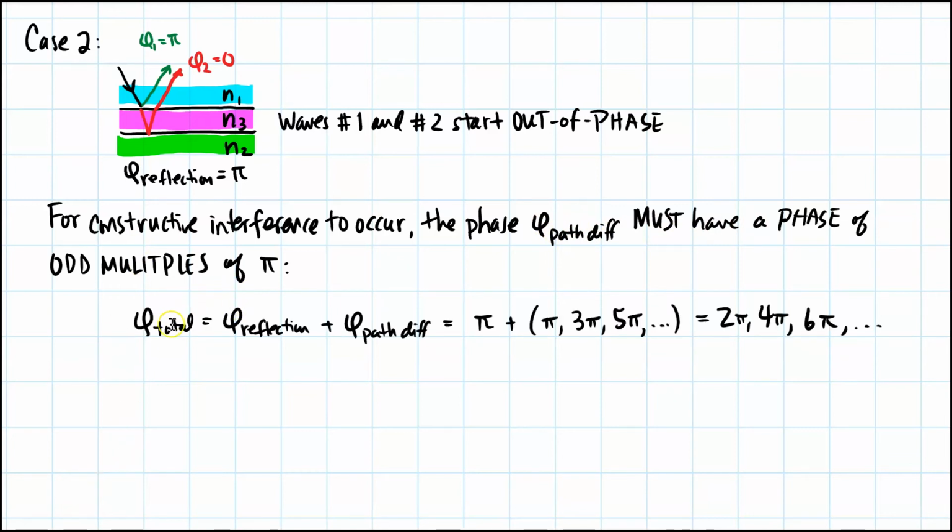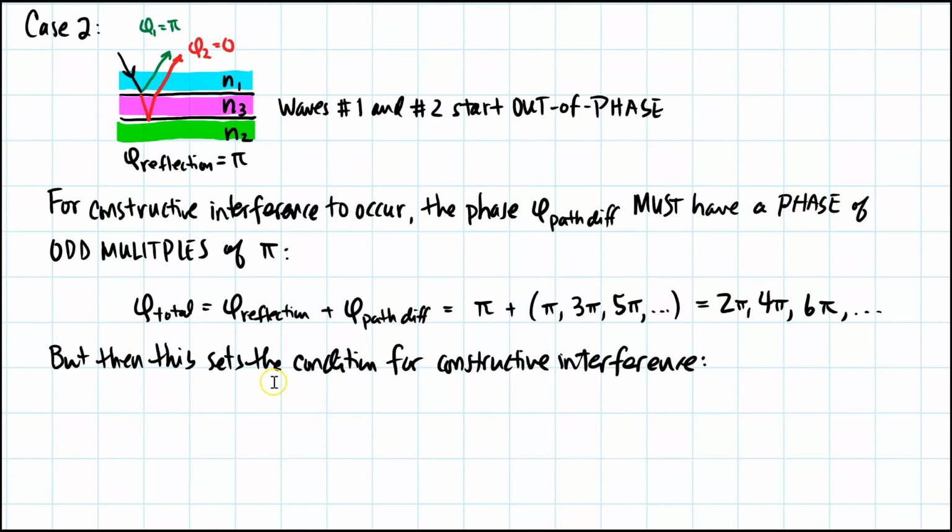If this is the case, then when I look at the total phase, the reflection plus the path difference, I start off with pi, but if I have odd multiples of pi, 3 pi, 5 pi, etc., then the total phase becomes 2 pi, 4 pi, 6 pi. But then this sets the condition for constructive interference.